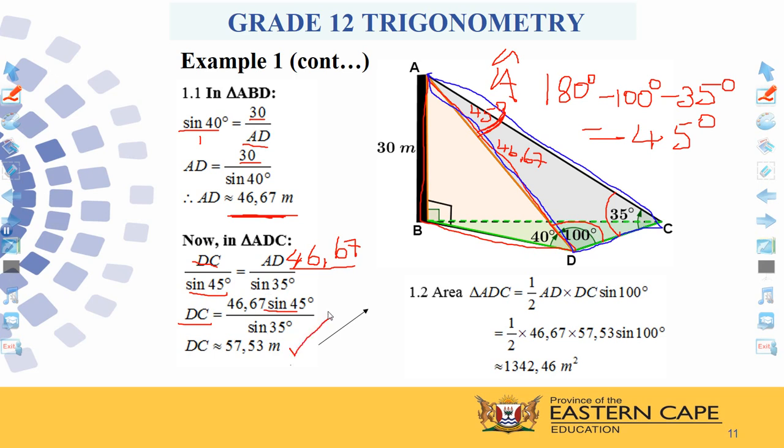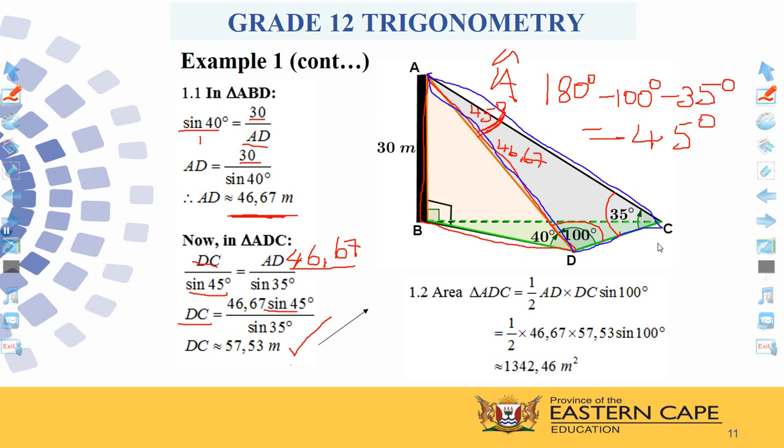And the correct answer will be 57.53. When you press the calculator, you will get 57.53, right? Then the second question was for you to calculate the area of triangle ADC. Remember, there are many ways of calculating the area of triangle ADC.